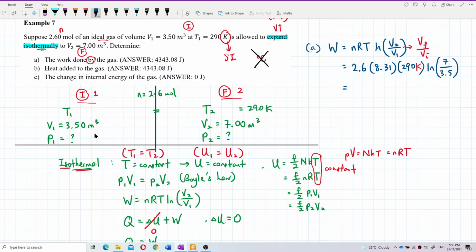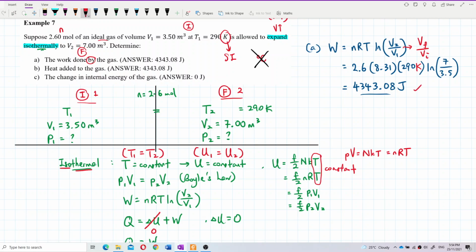I got 4343.08 joule. Correct or not? Yes, 4343.08, that's correct. Good.